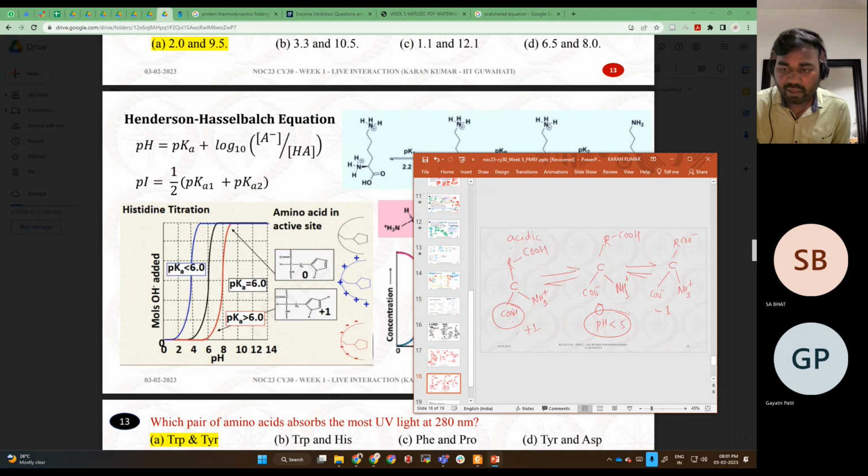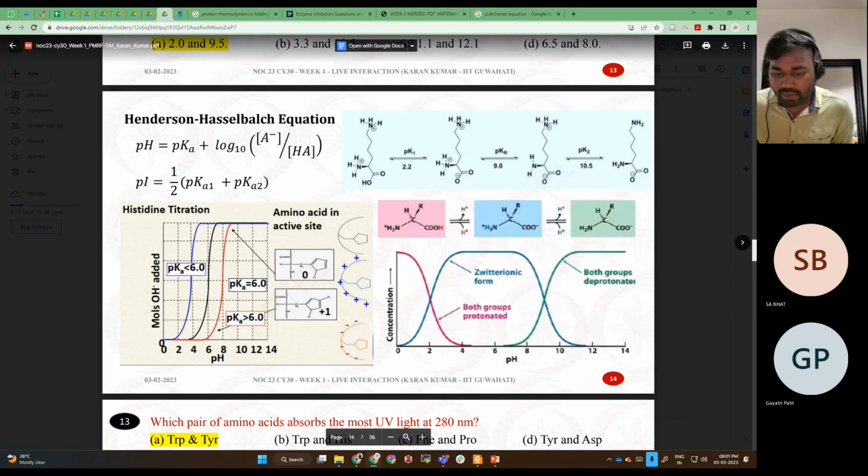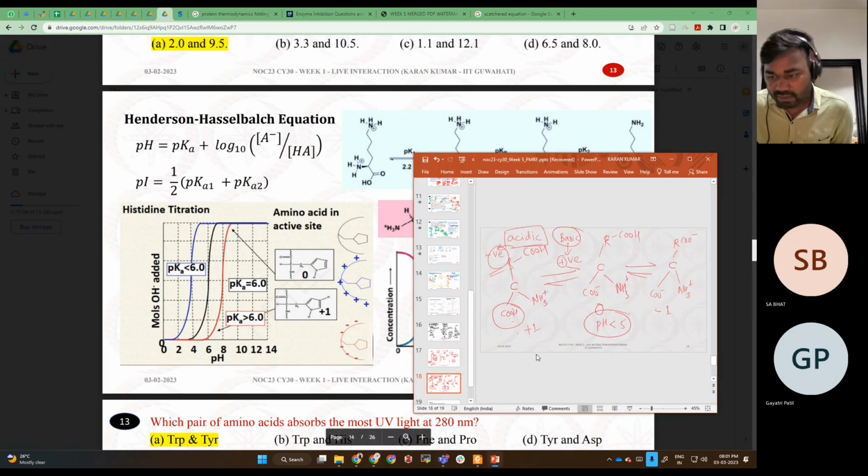However, in the case of positively charged amino acids, you will have the pI value in the basic range, and for negatively charged, acidic amino acids, the acidic range. So this ionization and calculation of pI value is clear.